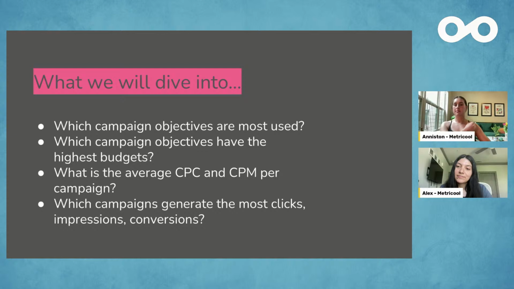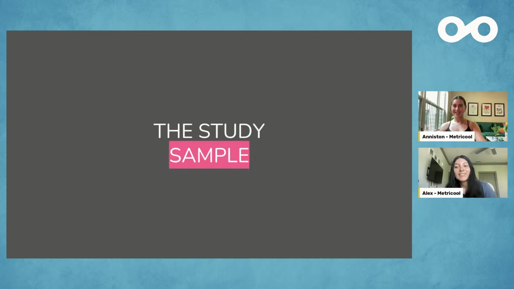We're going to look at some different averages of campaigns per objective, per single campaign, and also average CPC and CPM. And then, like I said, which campaign objectives generate the most clicks, impressions, and conversions. So let's see the sample study.